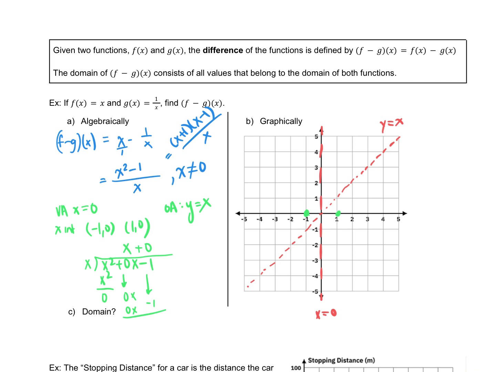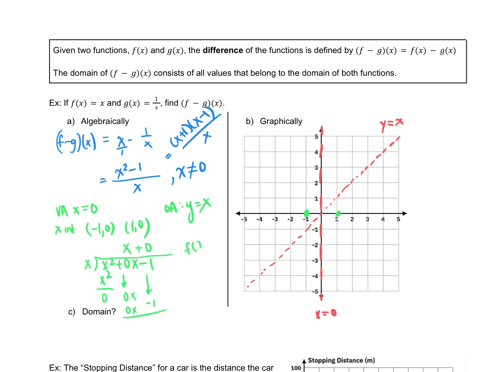And now, based on how my points are related to the asymptotes, I'm thinking we're going to have something like this. In terms of test values, I've already tested 1 and -1 because of the x-intercepts. I could always test 2 to get a little bit more, so why not do that?